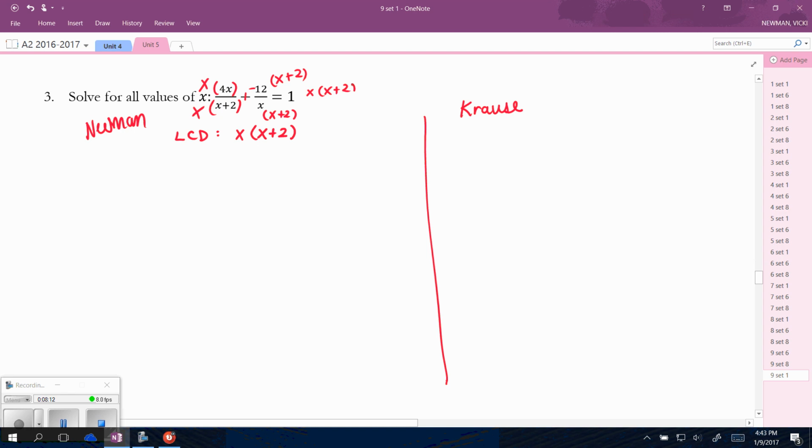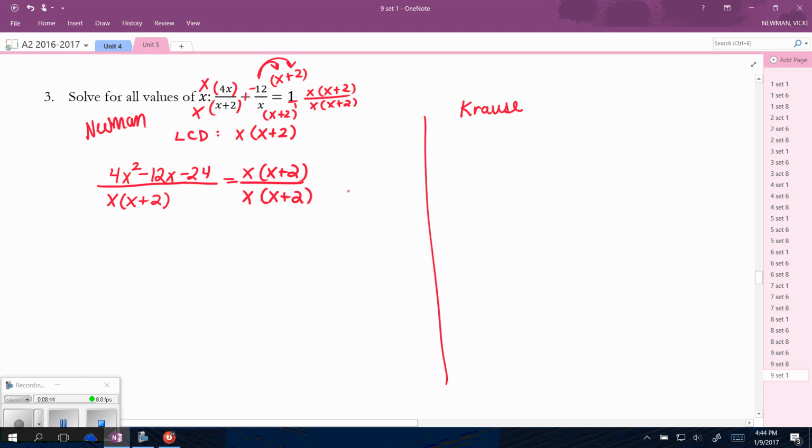It needs a common denominator on that side. Okay? So it needs everything. So on the left, we'll have x times x plus 2, which is 4x squared minus 12x minus 24 is equal to x times x plus 2 over x times x plus 2.